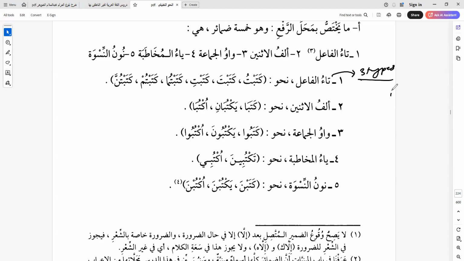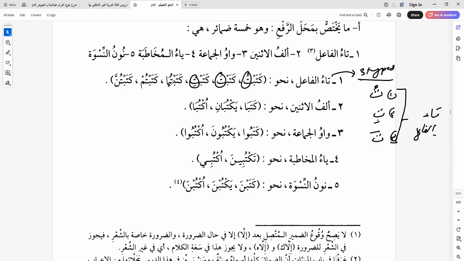Ta'ul fa'il, we have tu, and then we have ti, and then we have ta. And these are all considered what? Ta'ul fa'il. Tu, ti, ta. Right? Katabtu here. Katabta here. Katabti.